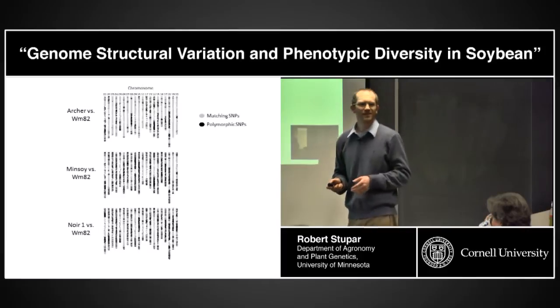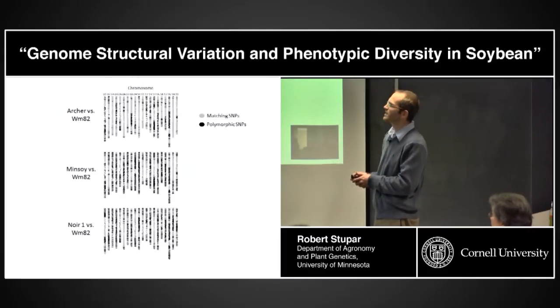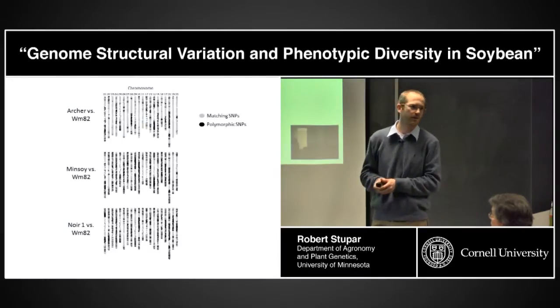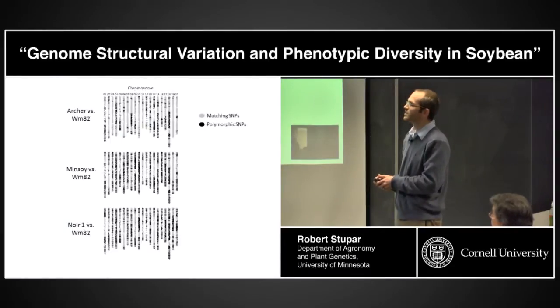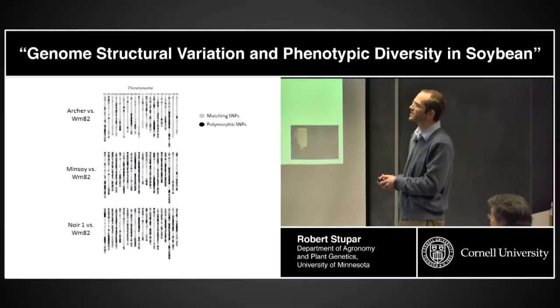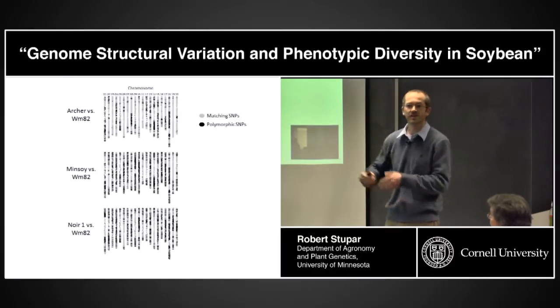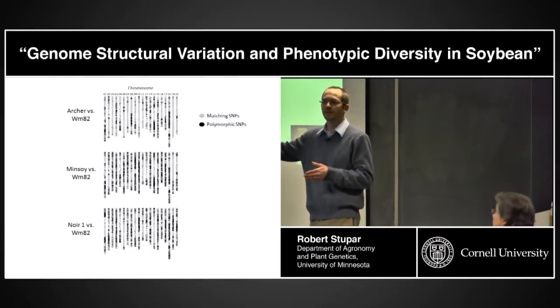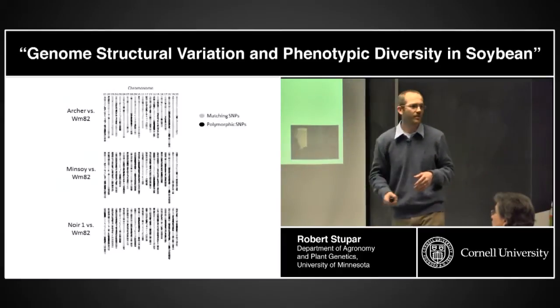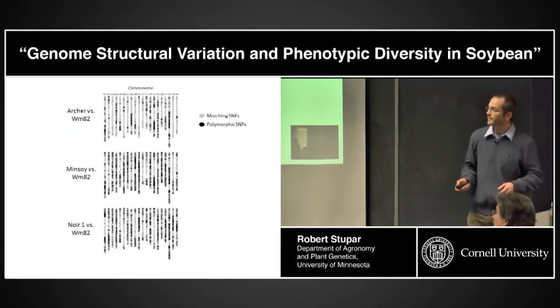This is a 50K chip where what you see in black is SNPs that are polymorphic to the reference genome. The reference genome is Williams 82, and this is Archer versus Williams 82. Matches are gray and polymorphic are black. You can see some chromosomes are very similar. This isn't really what we're interested in, but this is what the community is building: a whole database on this sort of haplotyping of all these accessions.